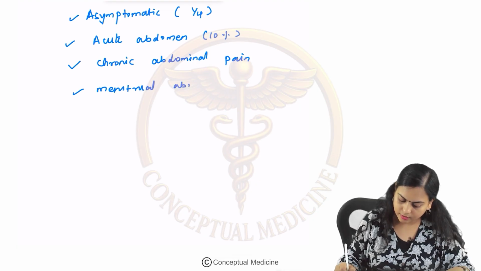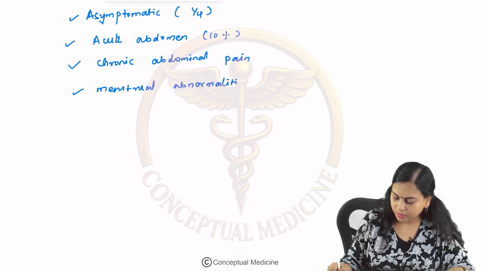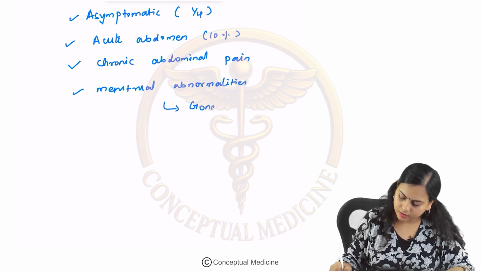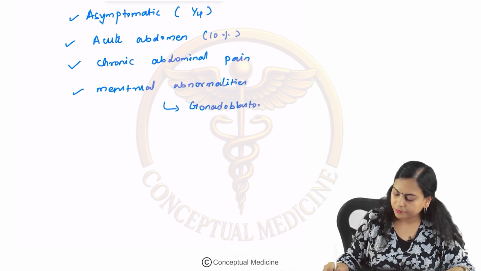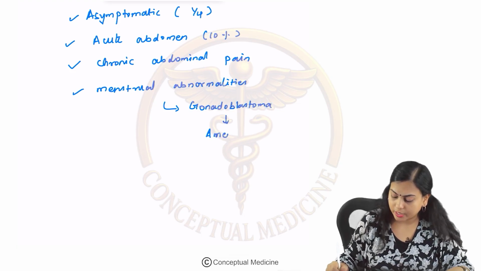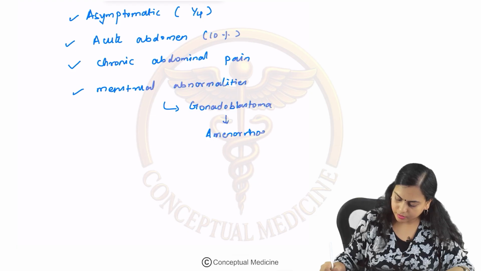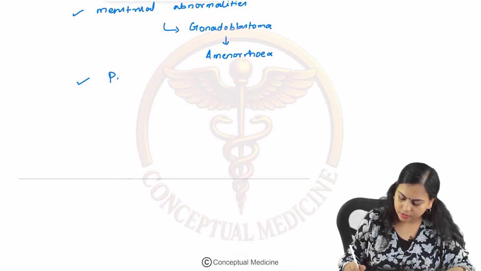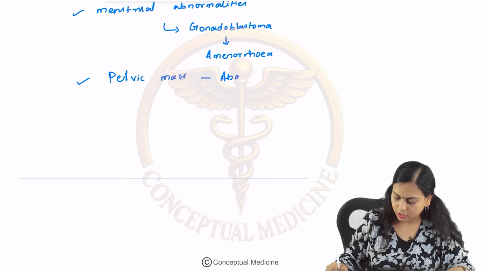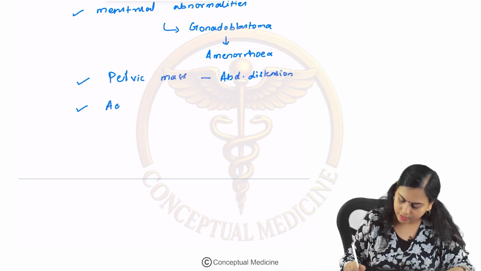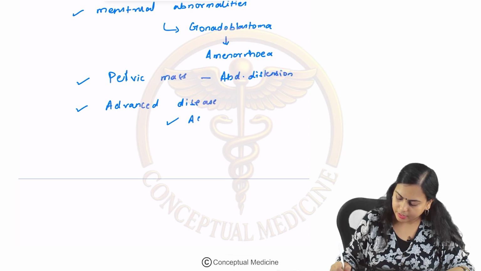For example, in gonadoblastoma, there can be amenorrhea. Then, some tumors can present as pelvic mass. So, because of that, the patient may complain of abdominal distension also.